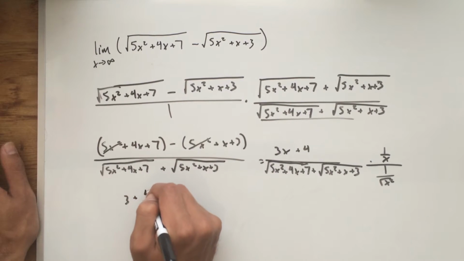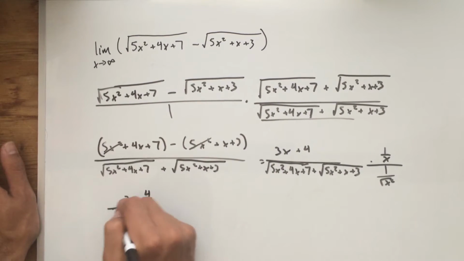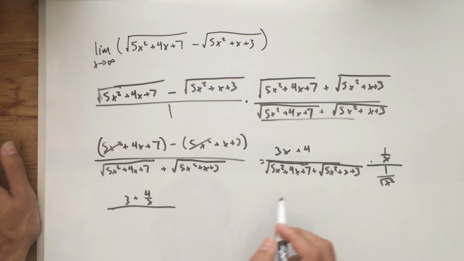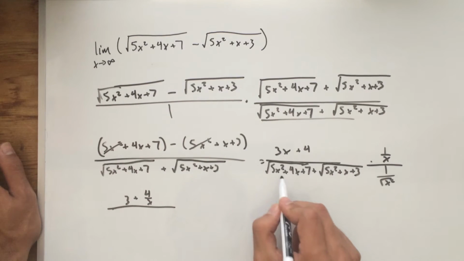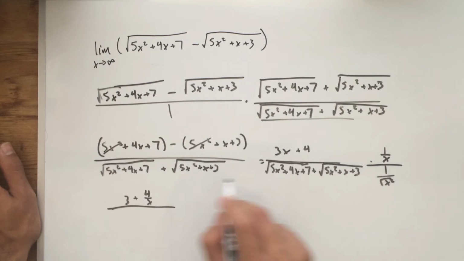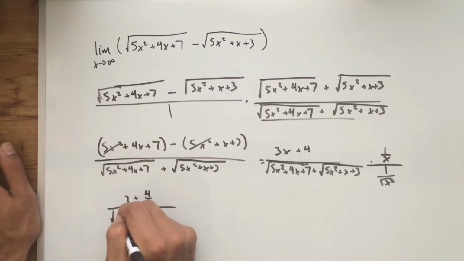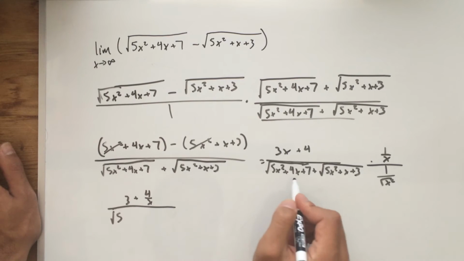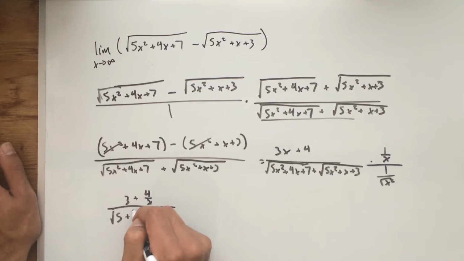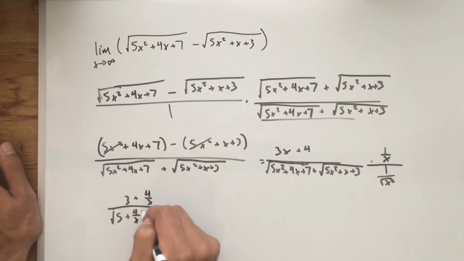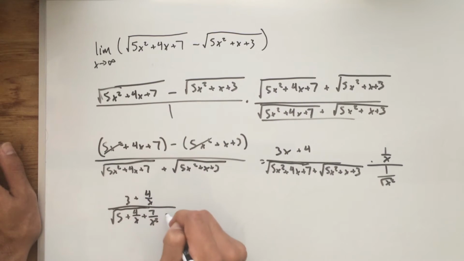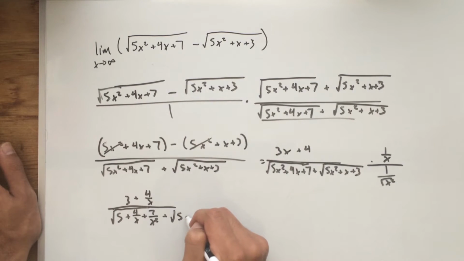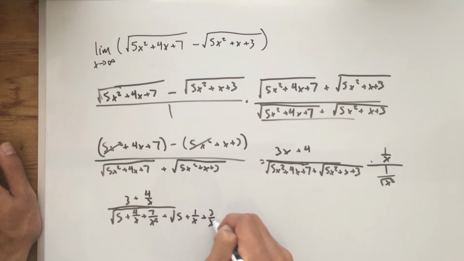If you do this on top, you end up with 3 plus 4 over x. In the denominator you have 5x squared over x squared, so that'll be 5, and then 4x divided by x squared, so that'll be 4 over x, plus 7 over x squared, and then you have the square root of 5 plus 1 over x plus 3 over x squared.